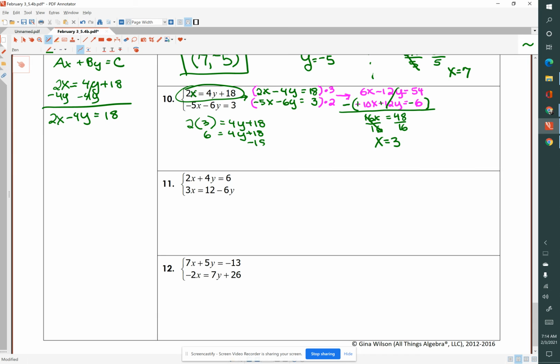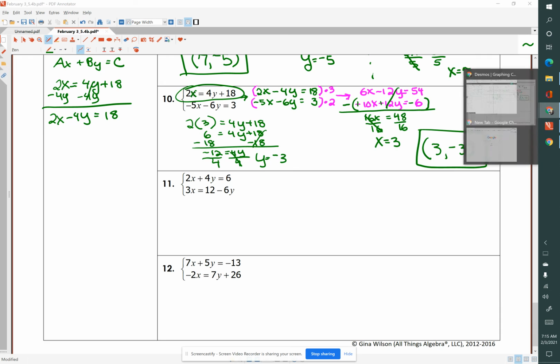I'll subtract 18 from each side. And negative 12 equals 4y. And I'll divide both sides by 4. And y equals negative 3. So my ordered pair, 3, negative 3.